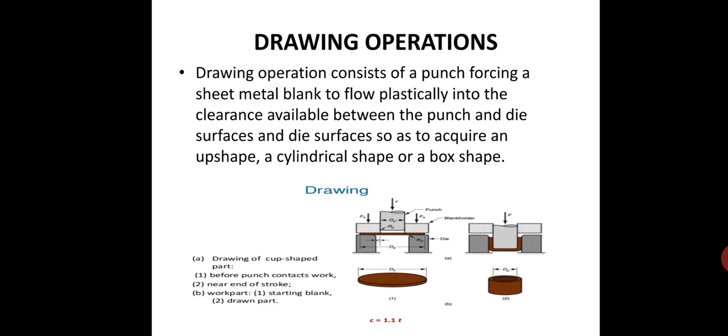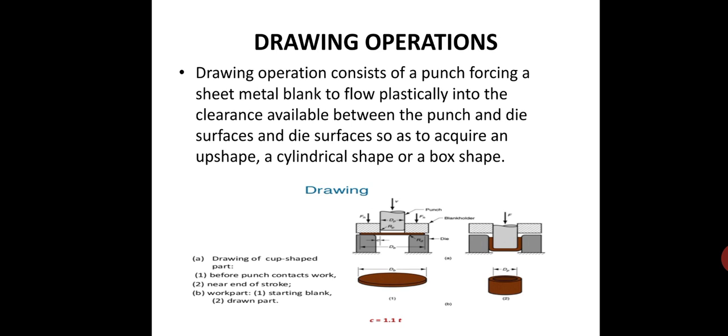The simple diagram shows the drawing operation. The sheet metal is placed between the punch and the die. A box shape or cylindrical shape is to be formed in the drawing operation.